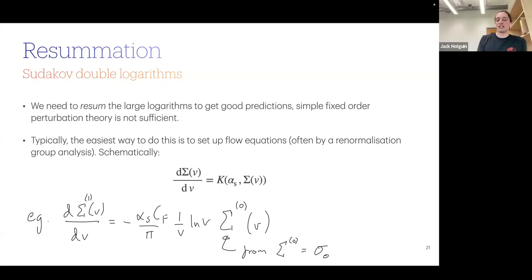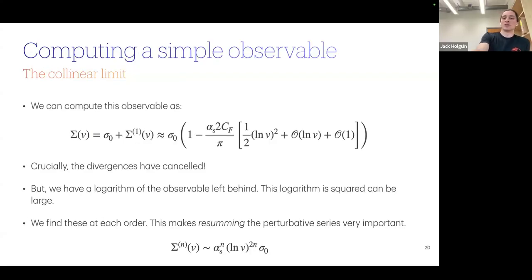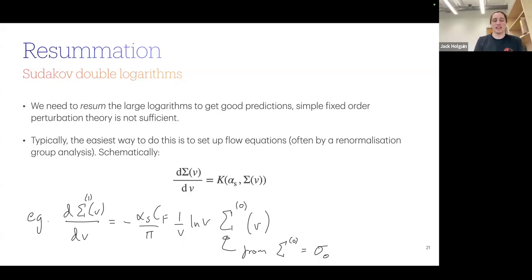So what we've just computed is this observable at fixed order, where we found Sigma is equal to this sigma naught minus the logarithms. If we differentiate with respect to the observable, we get this equation I've written here. That's just differentiating the previous slide, where I've recognized that capital Sigma to the 0 is equal to the Born cross section, little sigma.